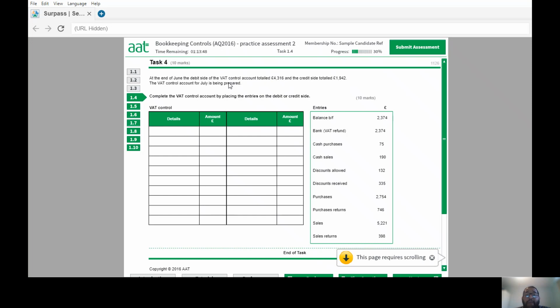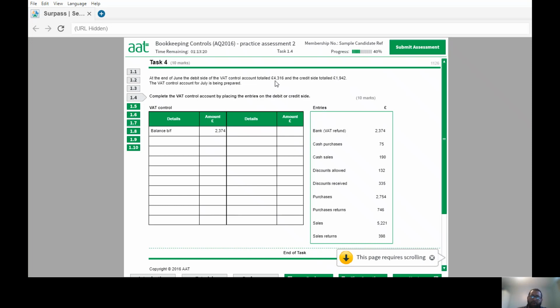Because my balance from the previous month has a debit balance, the new balance brought forward also has to be on the debit side. Why? Because in this scenario, the VAT account means we are due a VAT refund from HMRC. So the opening balance has to be on the debit side. If you look at these two, that should automatically tell you my debit balance is going to be higher.